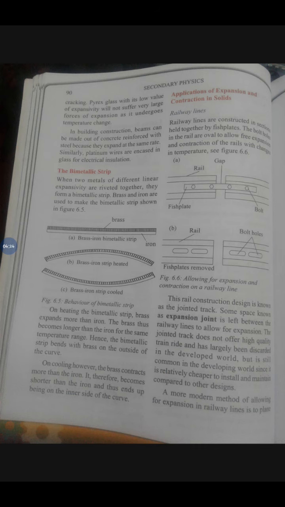Now, in building construction, we have beams. A beam is made from metals. This beam needs to withstand very high amounts of pressure. So, a material will be chosen, steel.